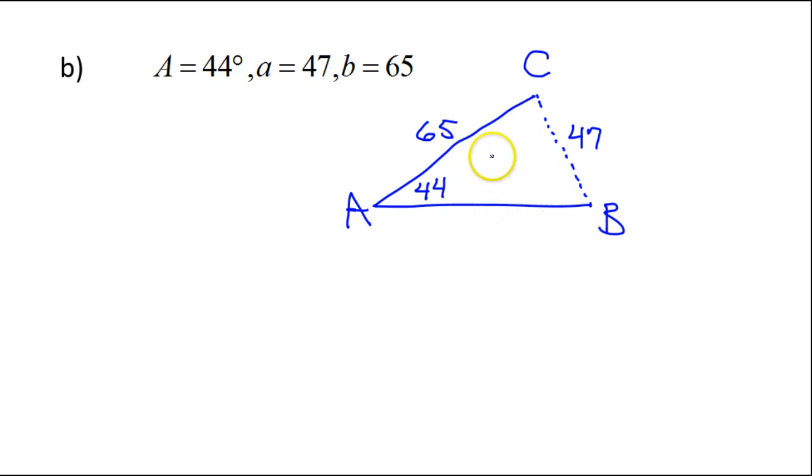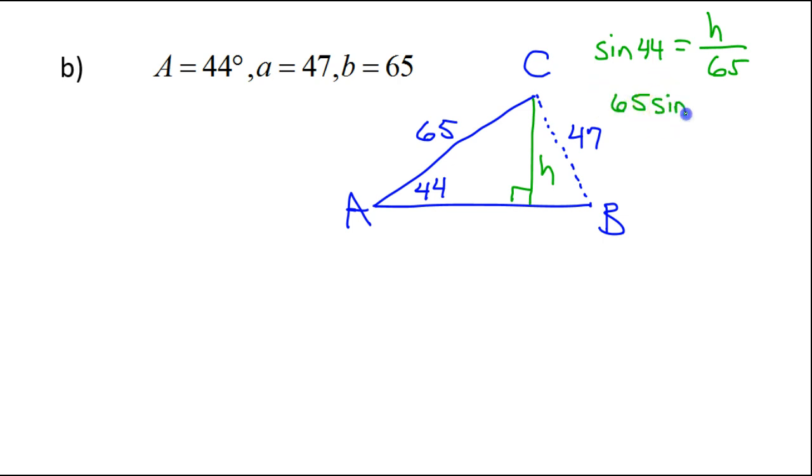Before I go any further, I have to decide whether or not this will make a triangle at all. So I need to calculate the height. I can find the height by doing the sine of 44, which is opposite over hypotenuse, H over 65. Multiplying both sides by 65, I'm going to get 65 sine 44 is equal to h.